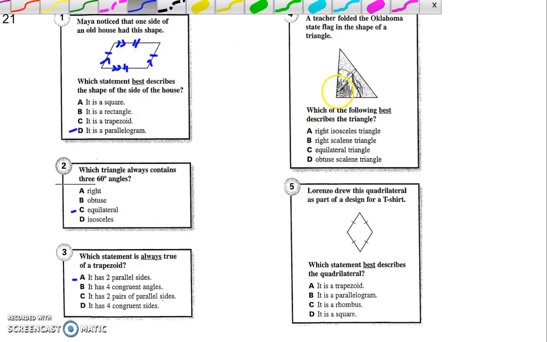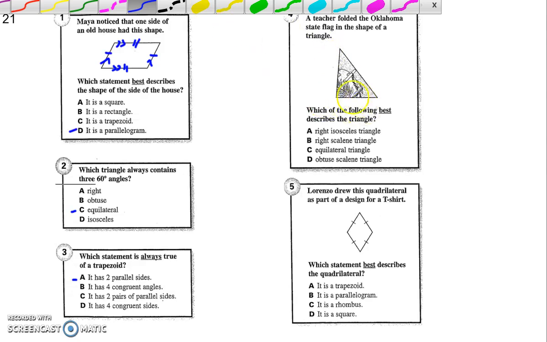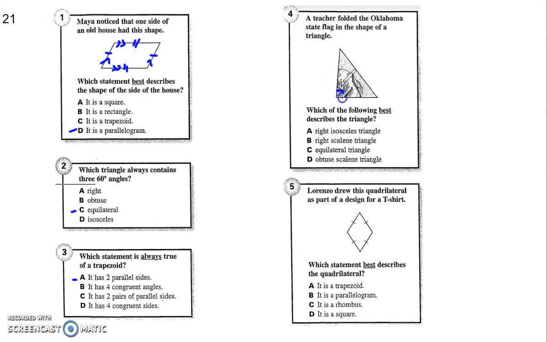For number 4, this illustration, this has to be a right angle here. And this is a good one to show you that drawings are usually not to scale. Not only are they not to scale, but the angles aren't even accurate, because we can tell that this is not a right angle, but obviously this is not obtuse, so not this one.